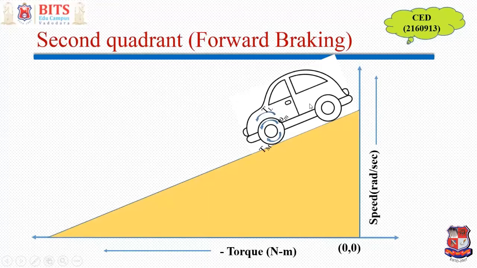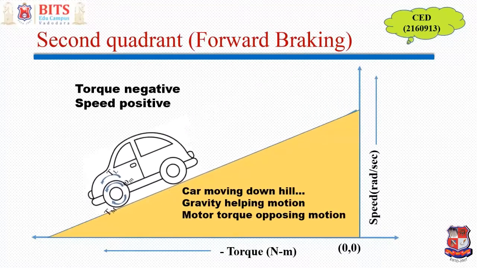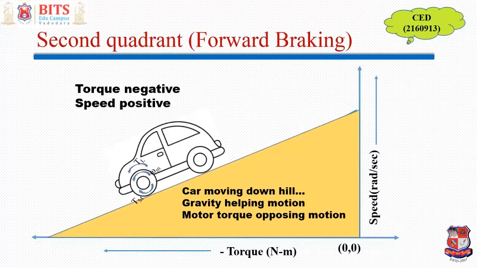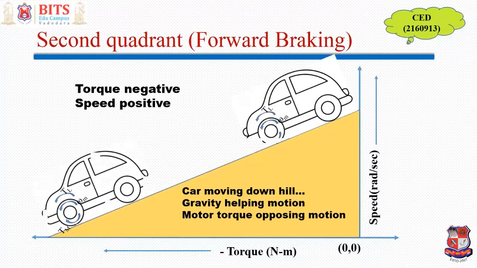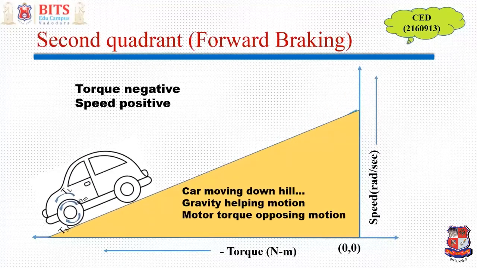It is producing braking so that it can control the dangerously high speed which it can achieve if nothing is done. So when the motor is opposing this forward motion, it is called forward braking. As you can see over here, the car moves down from uphill with anti-clockwise rotation, or from right to left linear movement as shown. So here the load is supporting the motion, and the motor torque is trying to control the dangerously high speed.